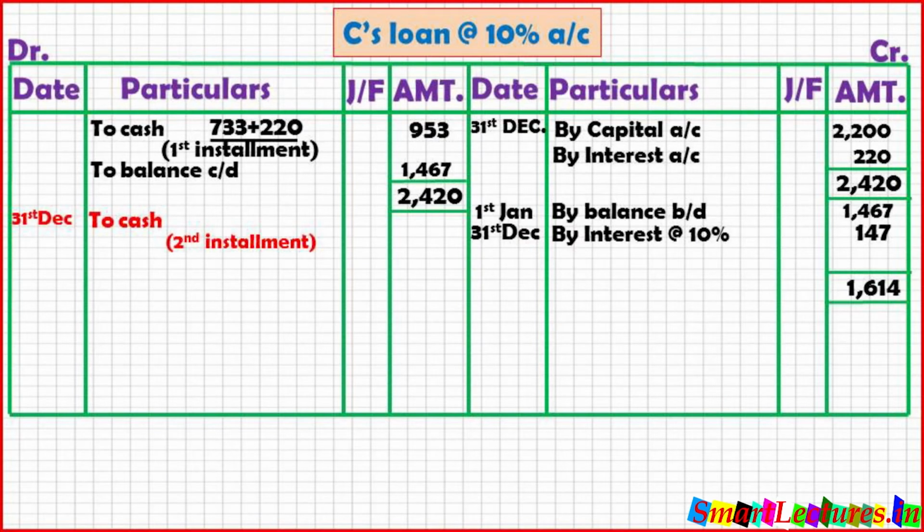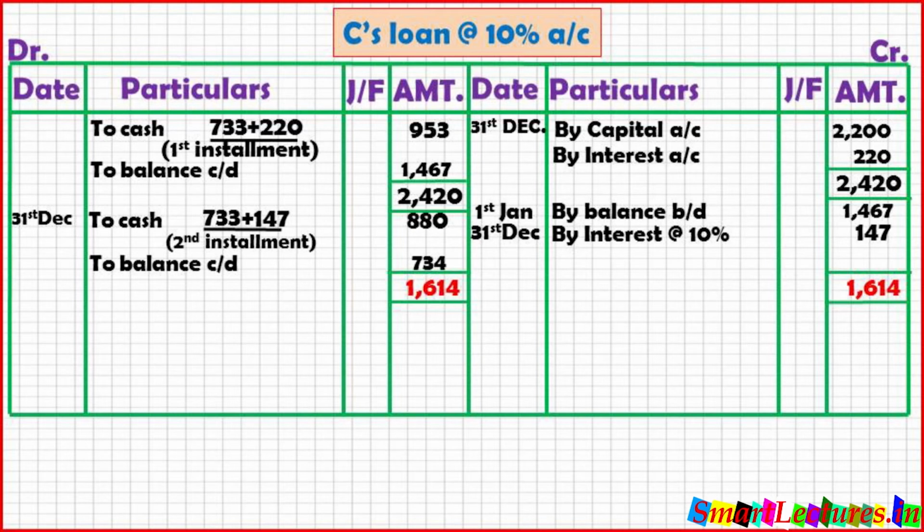So on 31st December, this is the next year, to cash we can write down in the inner column second installments, and today we have to pay 733 plus interest, and the amount of interest today is 147. So 733 plus 147, that is 880, and to balance CD 734. So total on both sides 1,614.